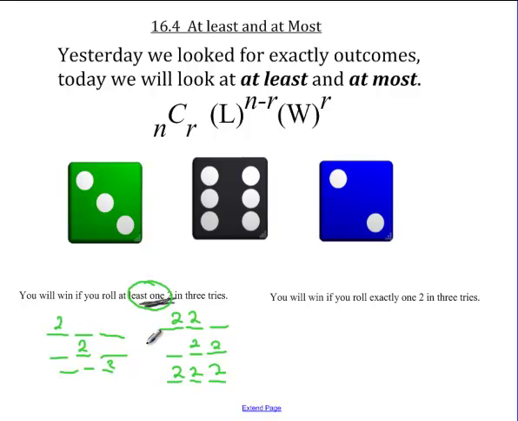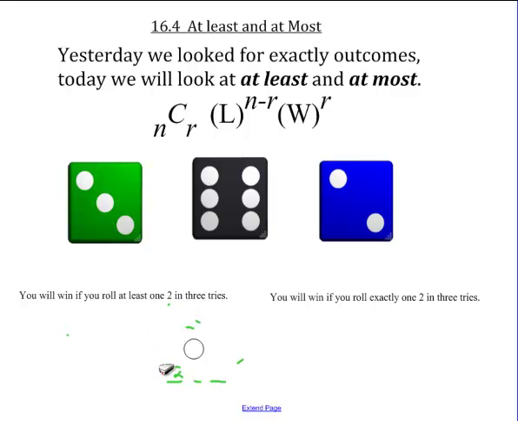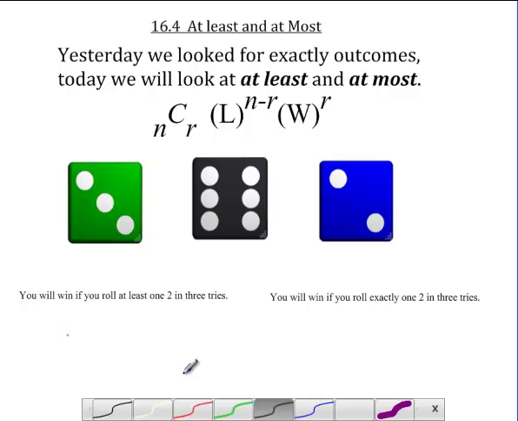So I have to figure out the probability for 1, 2, 3, 4, 5, 6 different situations. And this is what it's going to look like.